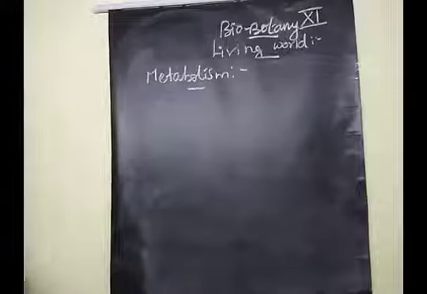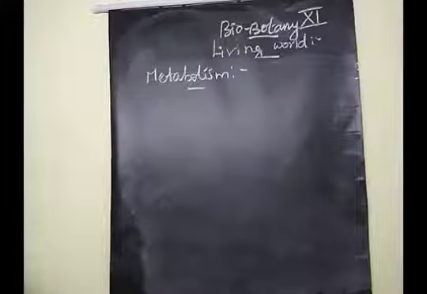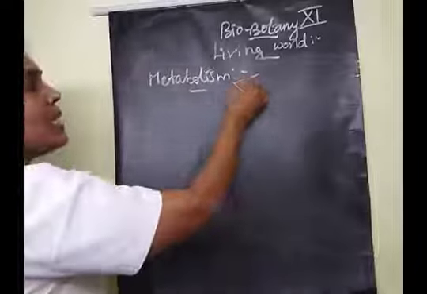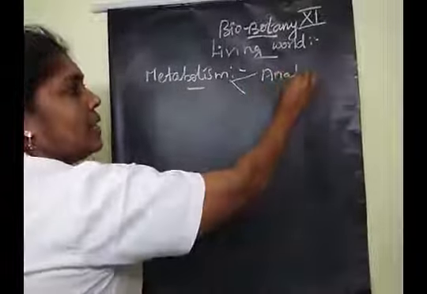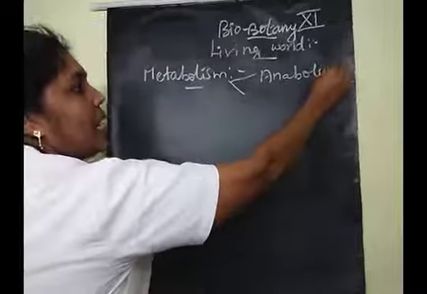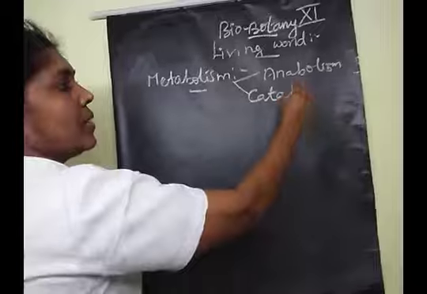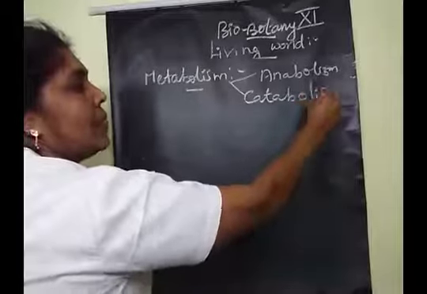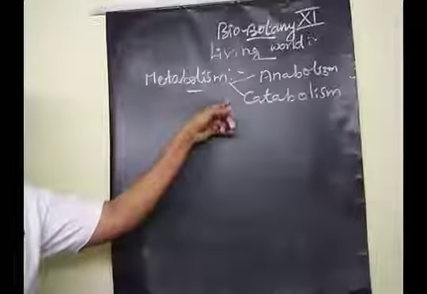This metabolism is classified into 2 terms. What are the 2 terms of metabolism? One is anabolism and another one is catabolism. Clear? These are the 2 types of metabolism.